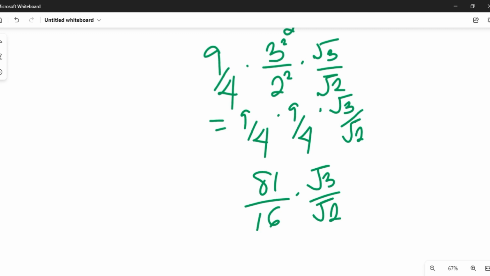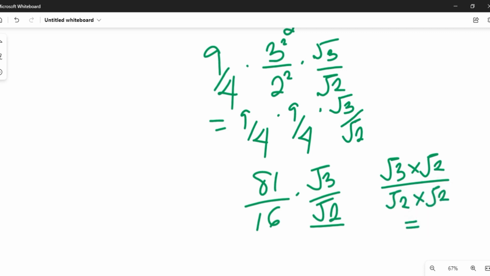Now this is a surd, and in order to solve it we need to rationalize. Rationalization entails multiplying the numerator and the denominator by the same value. That gives us root 3 multiplied by root 2 all over root 2 multiplied by root 2.